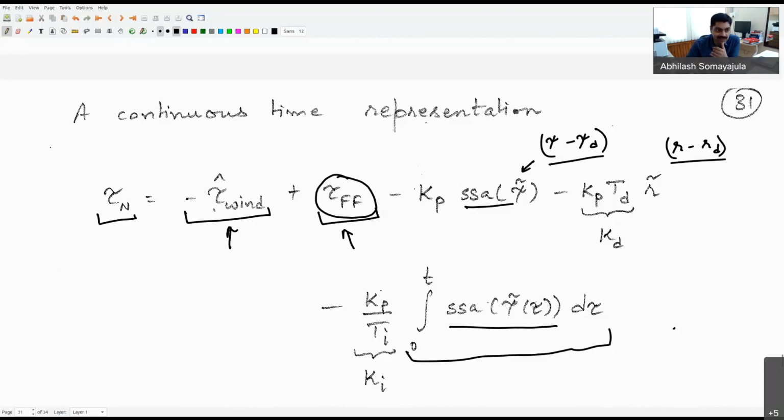Technically what is happening, this tau feed forward, what is that? M times RD dot plus 1 M by T times RD, correct? I can combine these terms into here, right? This and this. I can basically combine these terms here. Seeing the point?